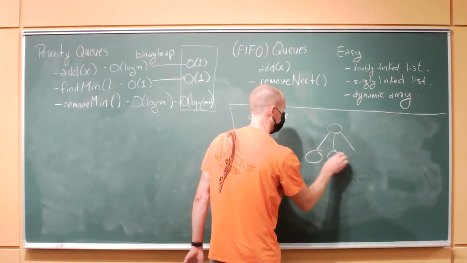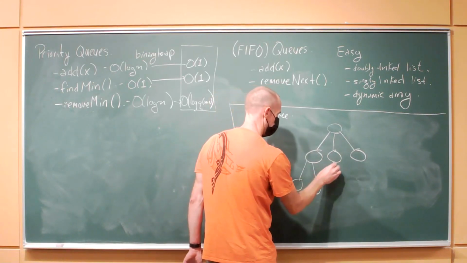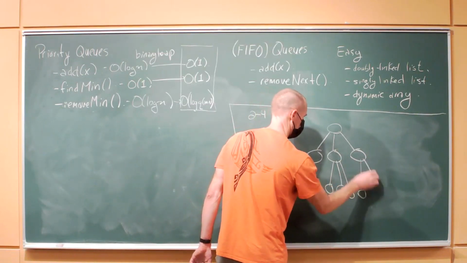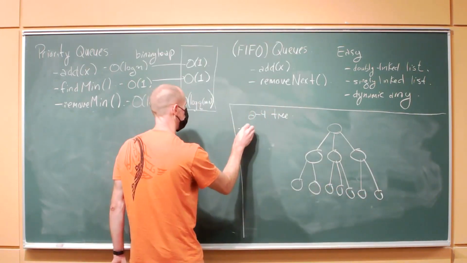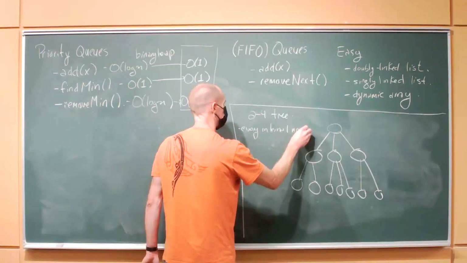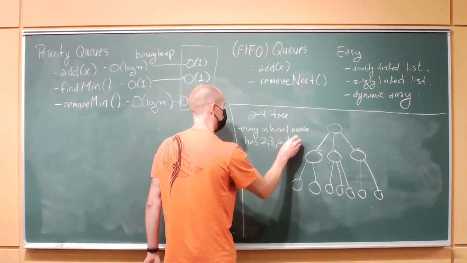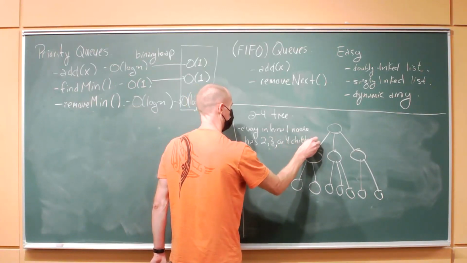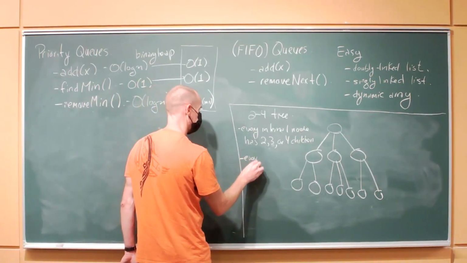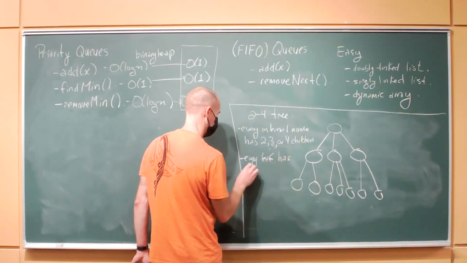So a 2-4 tree is just a tree in which every node that is not a leaf, so every internal node, has 2, 3, or 4 children. That's one rule, and every leaf has the same depth.